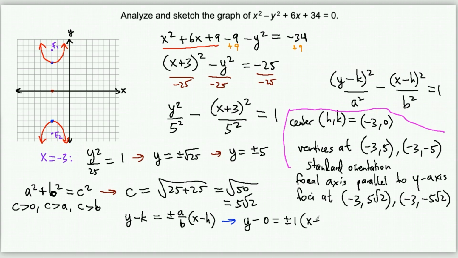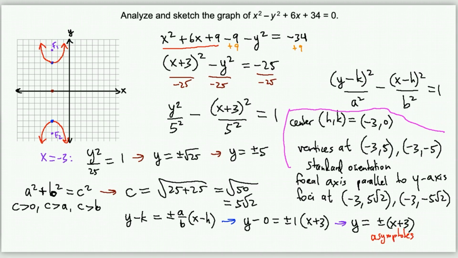Negating minus 3 gives you a plus 3, right? So as a result, y is equal to plus minus (x plus 3). All right? So these are the asymptotes.